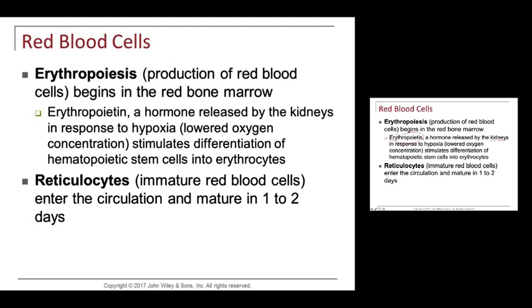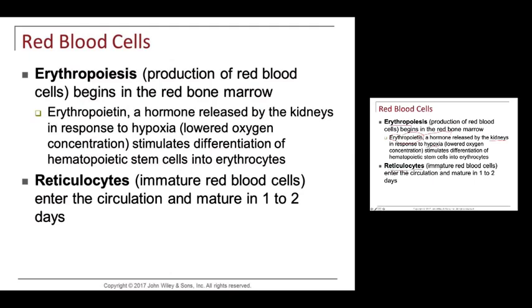Remember, all the blood is flowing through the kidneys, and you have that region called the juxtaglomerular apparatus, where you have the macula densa cells and the juxtaglomerular cells, and they're assessing, hey, what's the blood pressure like, and how much oxygen do we have going through here? And if we don't have enough oxygen, or we're in a state of hypoxia, then erythropoietin is produced. It goes to the red bone marrow, and it pushes out more red blood cells, which is erythropoiesis, production of red blood cells.